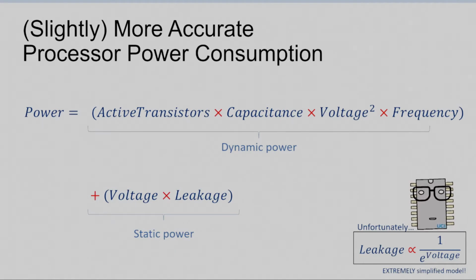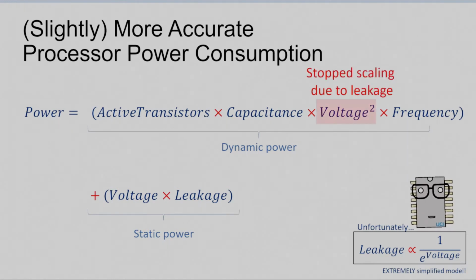This might not make too much sense right now, but if we push forward just a little bit more, we're going to show how, because the leakage power is proportional to the inverse exponent, as voltage becomes smaller and smaller, leakage current can increase exponentially fast.